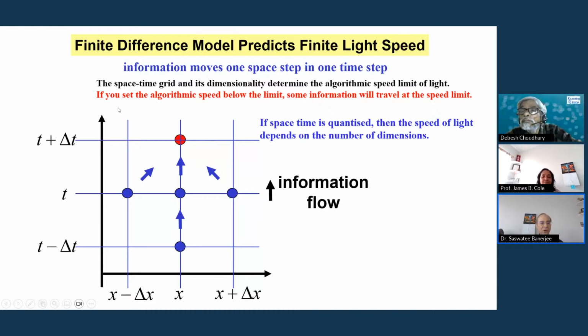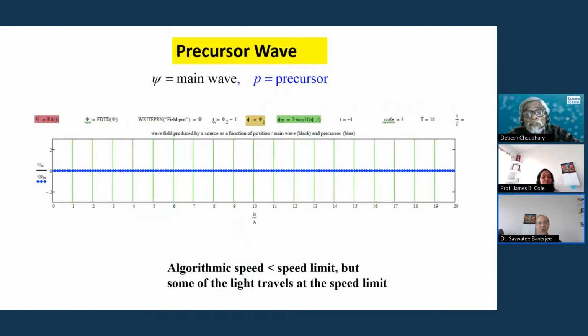Information can only flow at a maximum speed of 1 space step in one time step. Now, if in my algorithm I set the algorithmic speed below the speed limit, some information will still travel at the speed limit. I'd like to show you an example here.